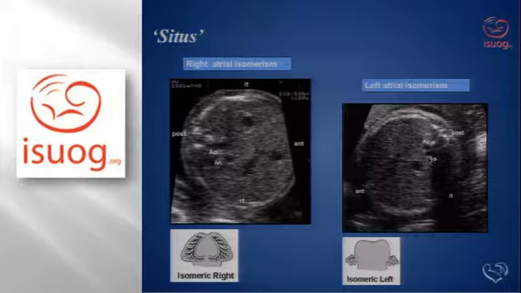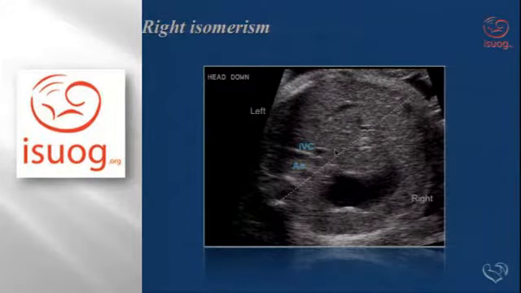So basically you have an aorta which is quite often in a rather central position, and either to the right or to the left, it doesn't matter, you see behind the aorta a vein which is posterior, which is the continuation of the IVC, which doesn't exist above the liver. And if you see that, you can again start to imagine what abnormalities are going to be coming in the heart. So this is a magnified image of the isomerism.